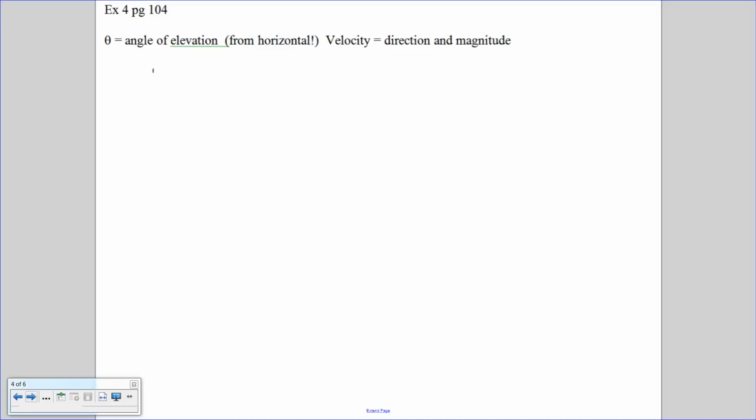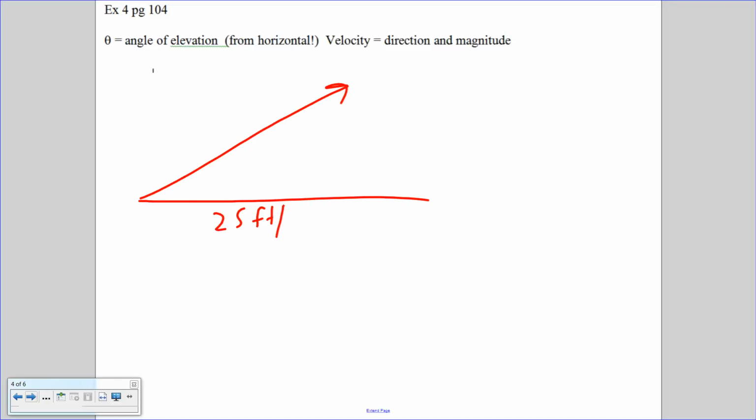So drawing this, again, it's an arrow shot up. So it's going to be like an elevation problem. And it says the horizontal is 25 feet per second, and the vertical is 15 feet per second.